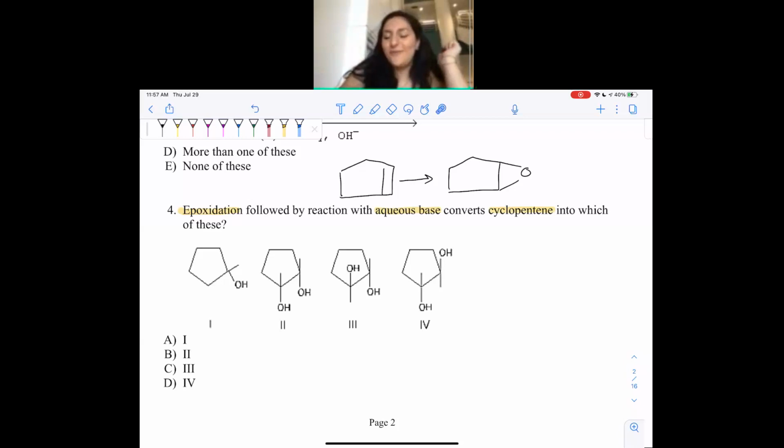And how do we remember peroxy acids? What was the little trick? If you don't remember it, that's okay. I forgot, that is okay. So the trick is O3. Anytime you see an O3, that's going to be a peroxy acid.